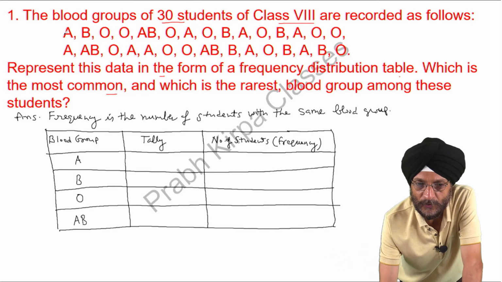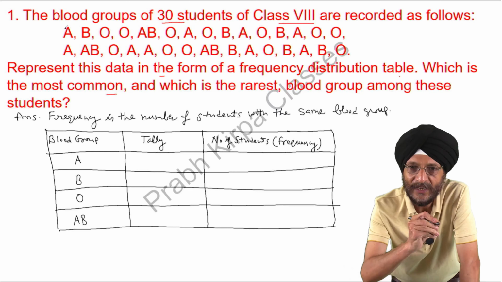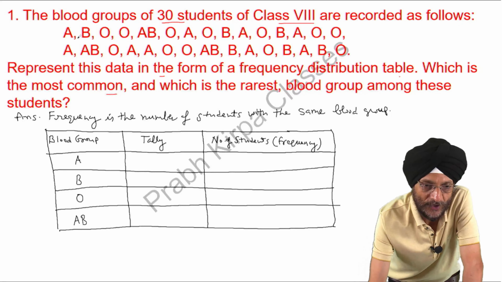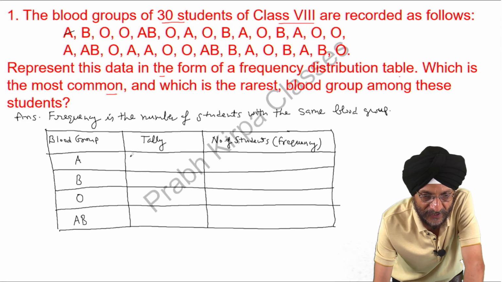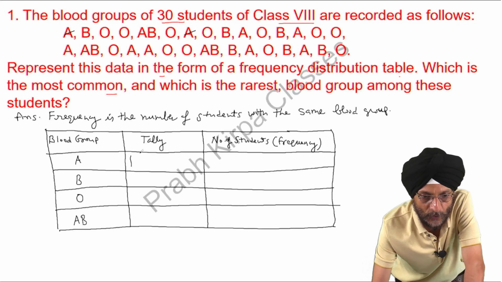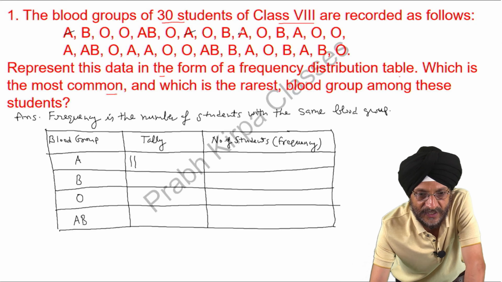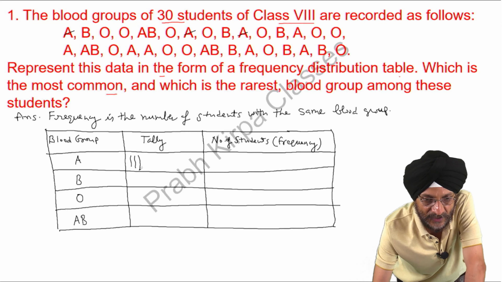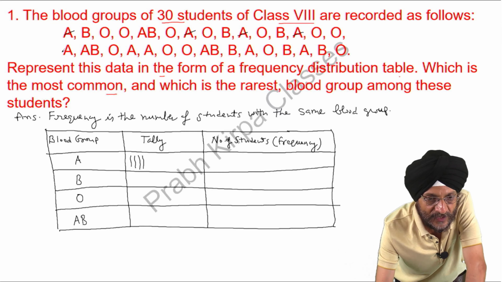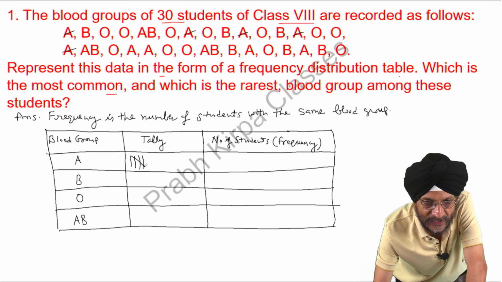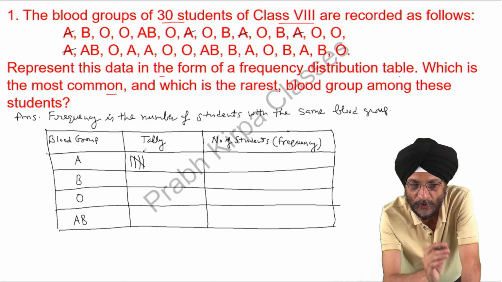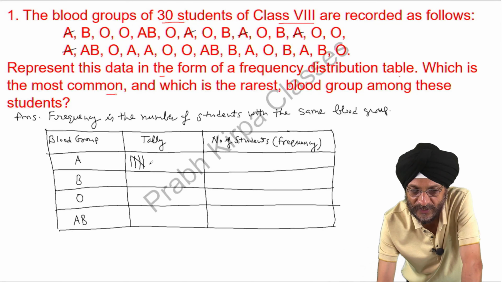Now we will count the number of students having A blood group. While counting, we may cut the particular blood group which we have counted. Now this is A, we may write it this way: 1, then this we have counted, this is another, this is third, this is fourth, this is 5. Instead of writing 5 next as a straight line, we will cut across, so that we need not count the same again.